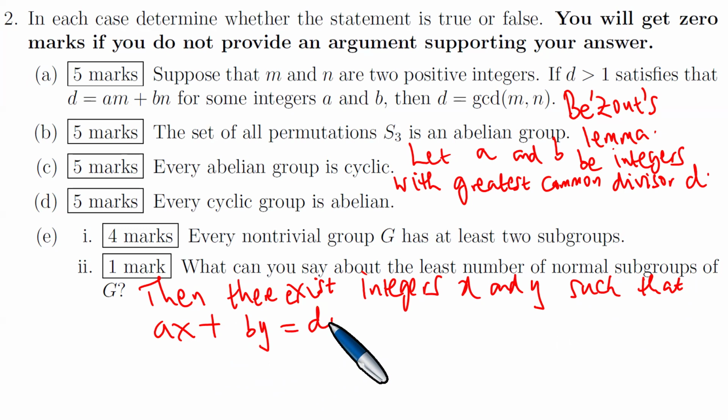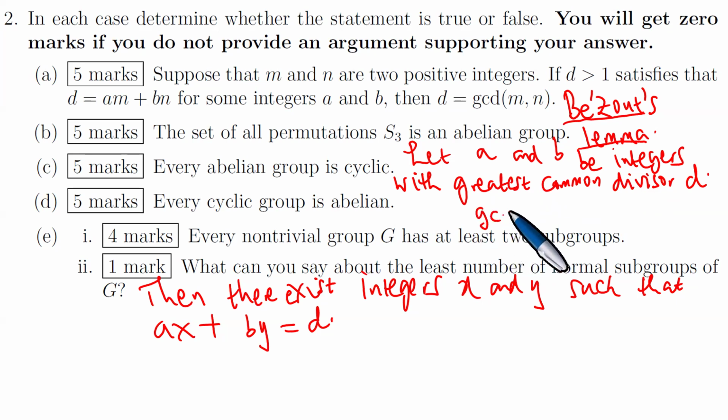Bezout's lemma: let A and B be integers with greatest common divisor D. So we take A and B to be integers with greatest common divisor D. What does it mean?